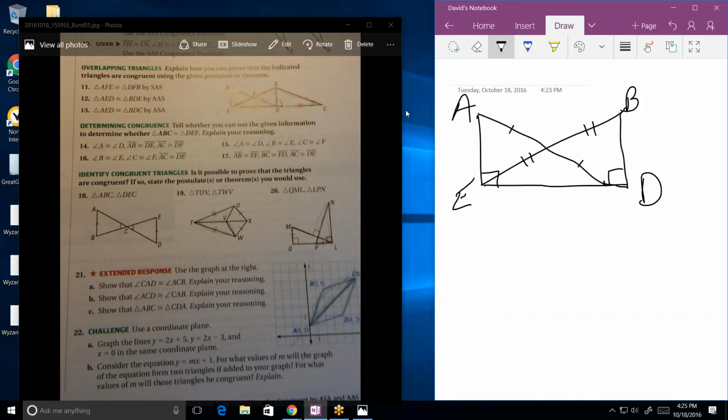Yep. Okay. So how do we know? Let me look at this a second. We have some angles. This angle is congruent to this angle? Yep. All right, now we can prove congruency.